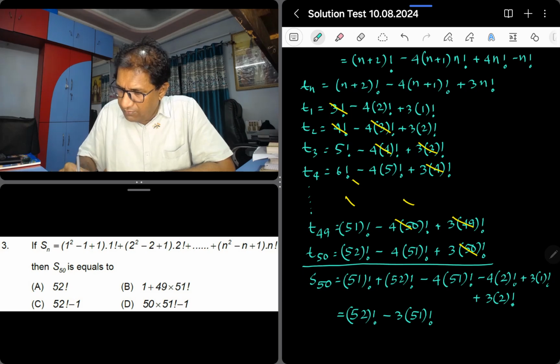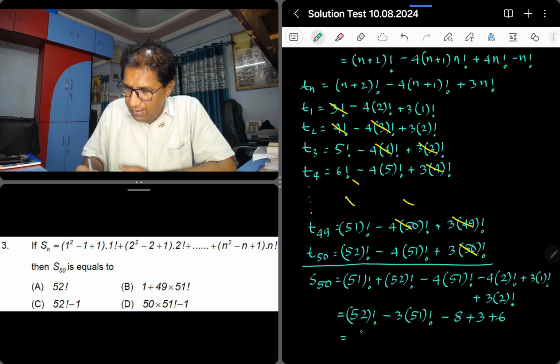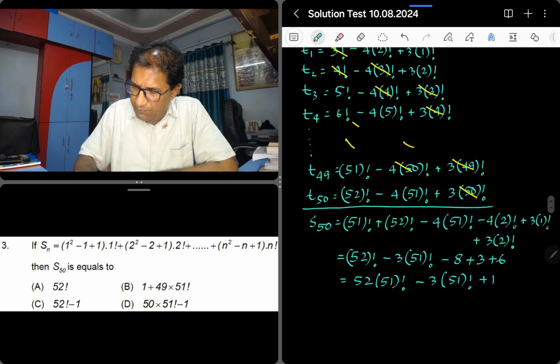this one. If I simplify, we are going to have minus 8 plus 3 plus 6. And here we can write 52 into 51 factorial minus 3 times 51 factorial plus 1.